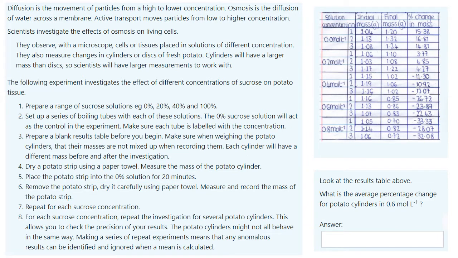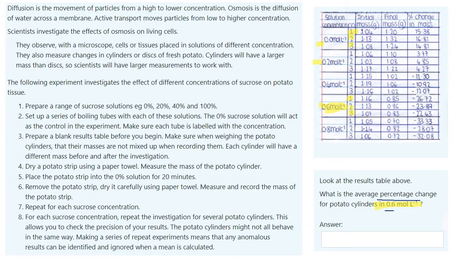And then look at the results table above. What is the average percentage change for potato cylinders at 0.6 mol dm to the minus 1? So we can highlight this part here, and we can highlight this part here. At each of the concentrations, it was measured 3 times. So at 0.6, it was measured 3 times.